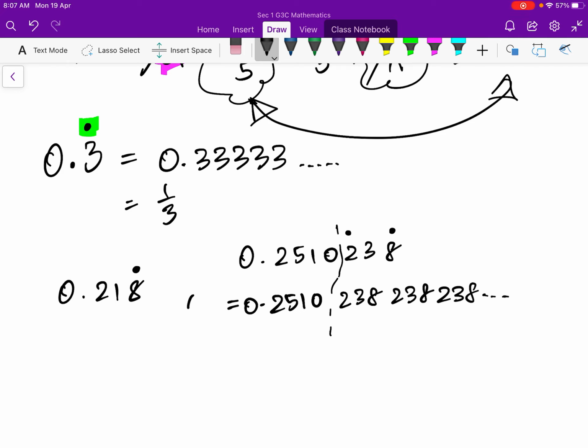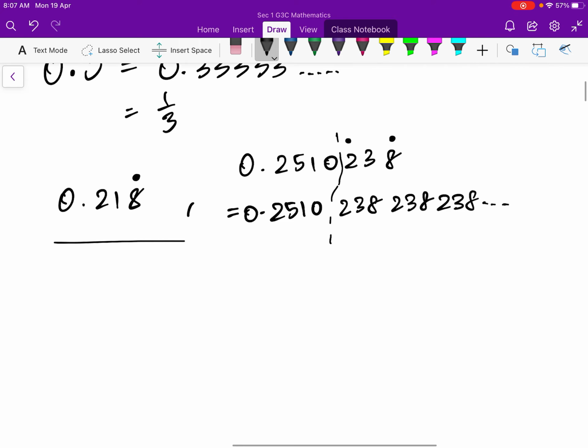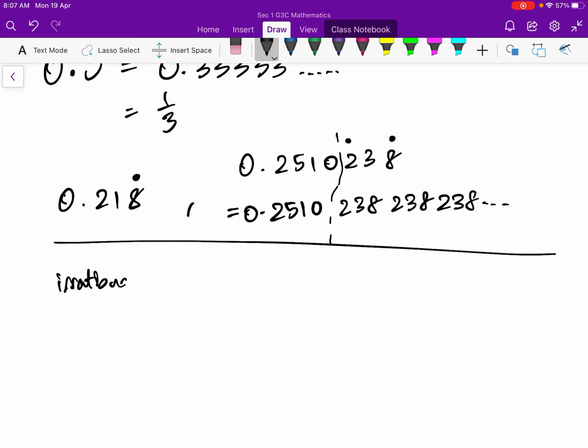They are rational numbers. Okay, so now let's take a look at some irrational numbers. Irrational numbers examples. Okay, example will be square root 2. Square root 2, if you key in your calculator, it is 1.414, 2135, so on and so forth.